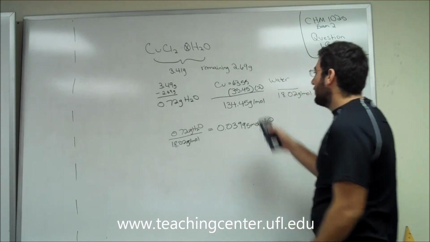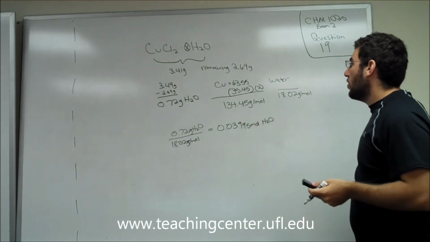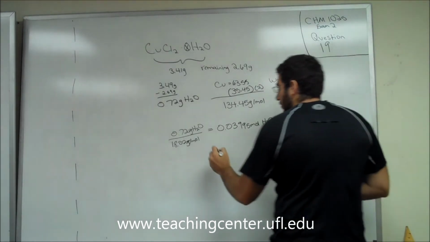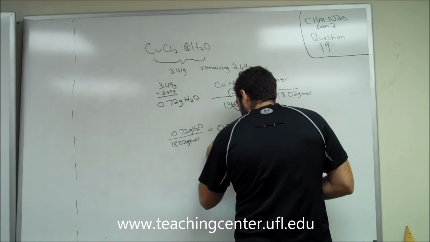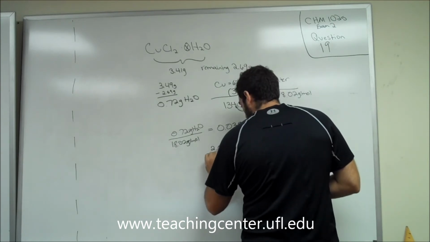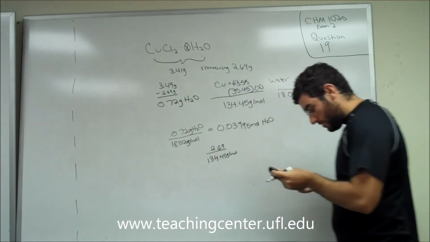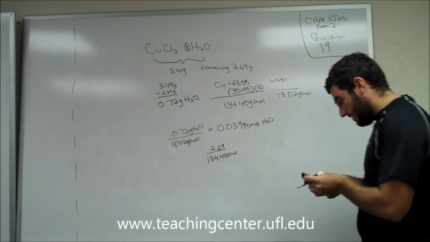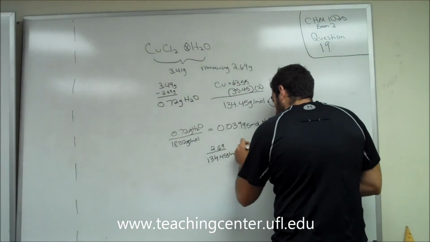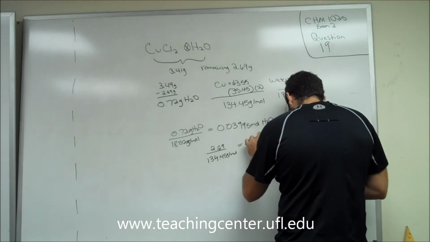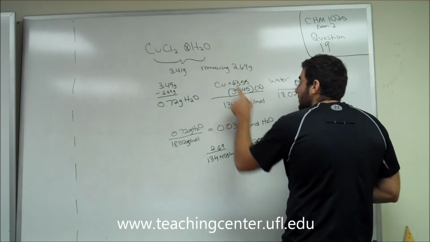The next thing I want to do is find out how many moles of copper chloride I have. So I'm going to do 2.69 divided by 134.45 grams per mole. That gives us 0.0200 moles CuCl2.